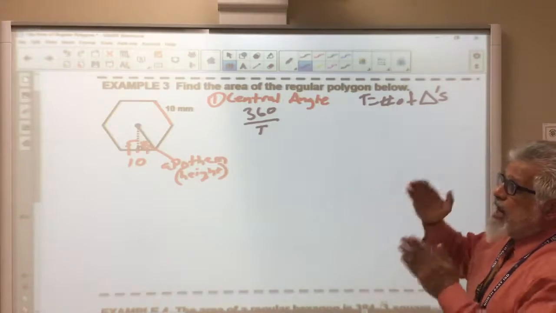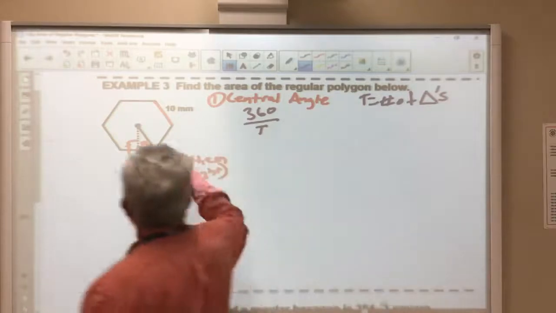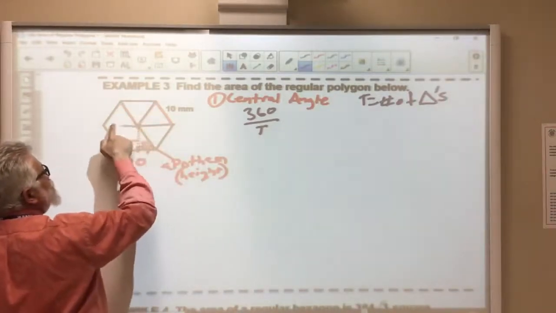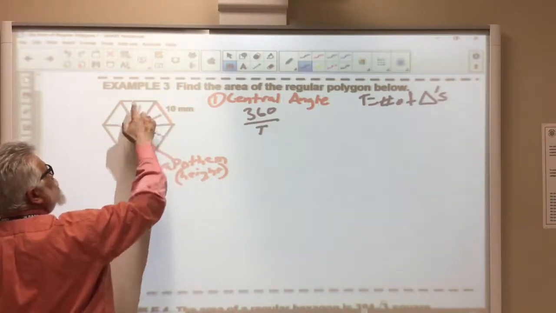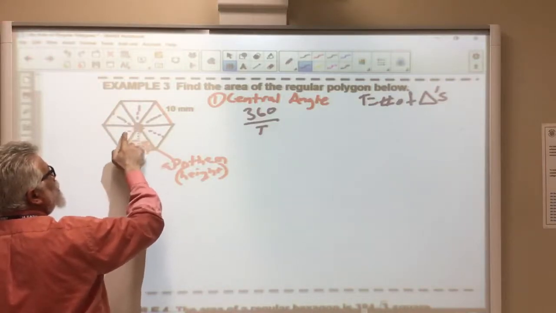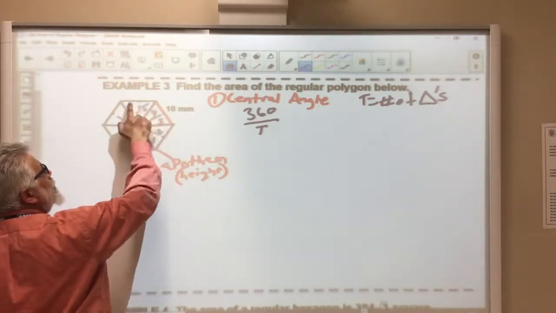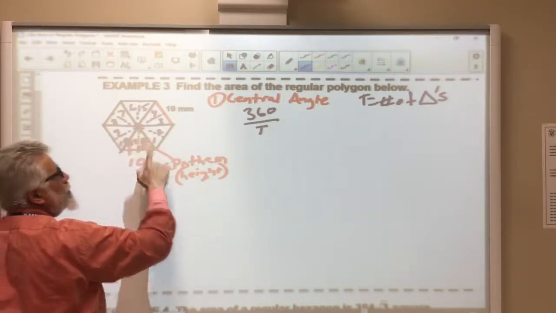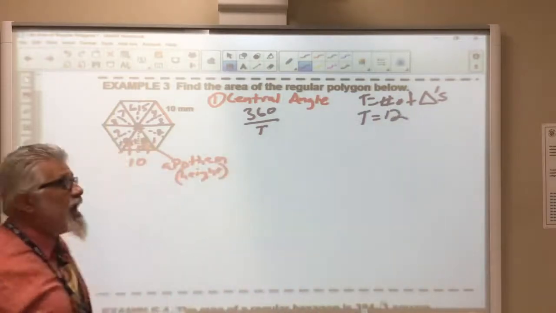To determine that, I'm going to have to duplicate that small triangle all the way around. And I'll count them. Okay, so I counted 12 triangles.